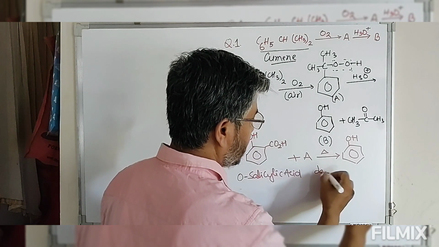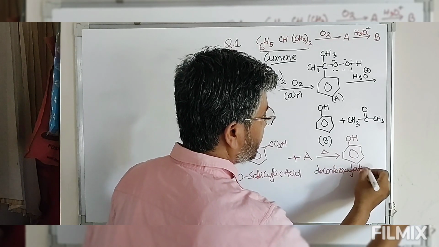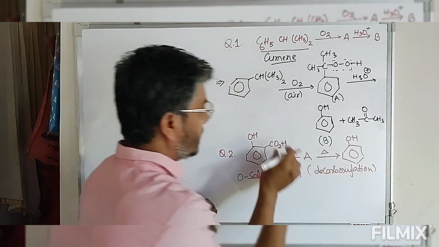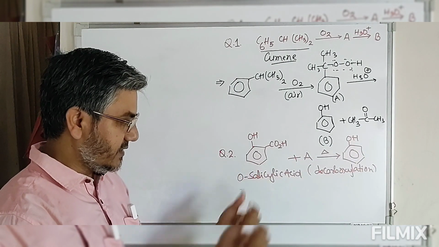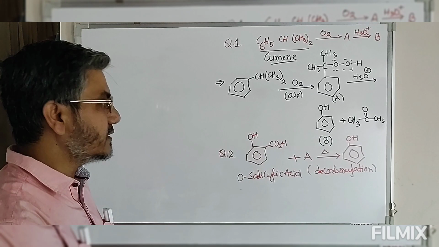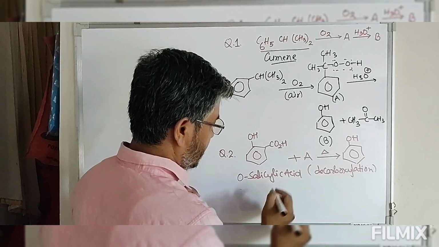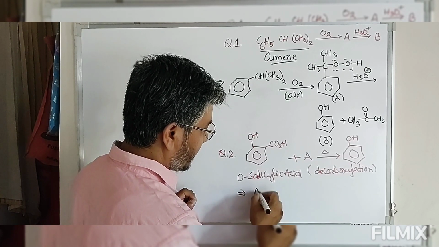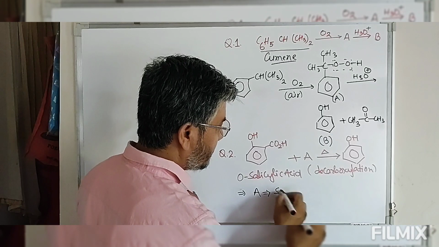So we have to choose a particular reagent so that this carbon dioxide is effectively removed from salicylic acid. The reagent of choice for removal of carbon dioxide, that particular A, is soda lime.